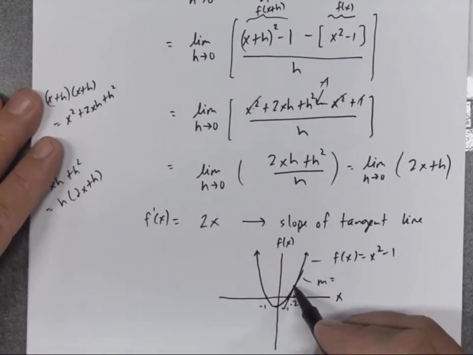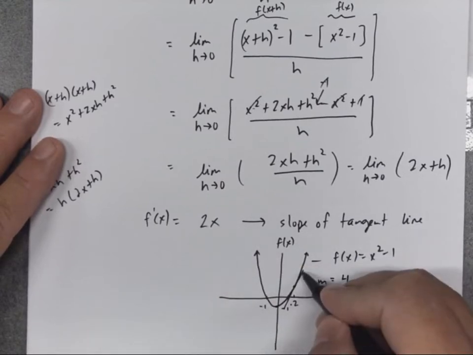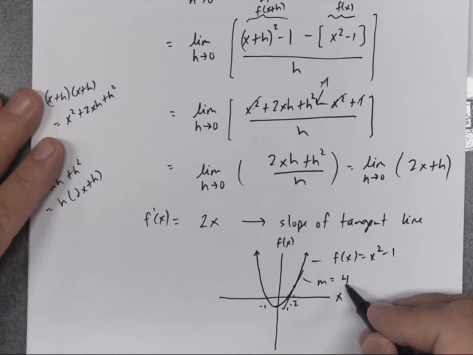And since I'm at x equals 2, I just plug in 2. The slope of this tangent line that touches the curve when x is 2 is 4.